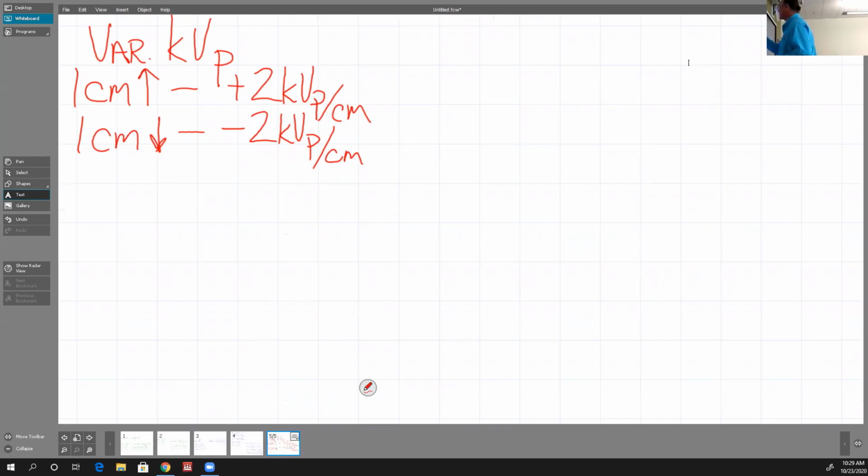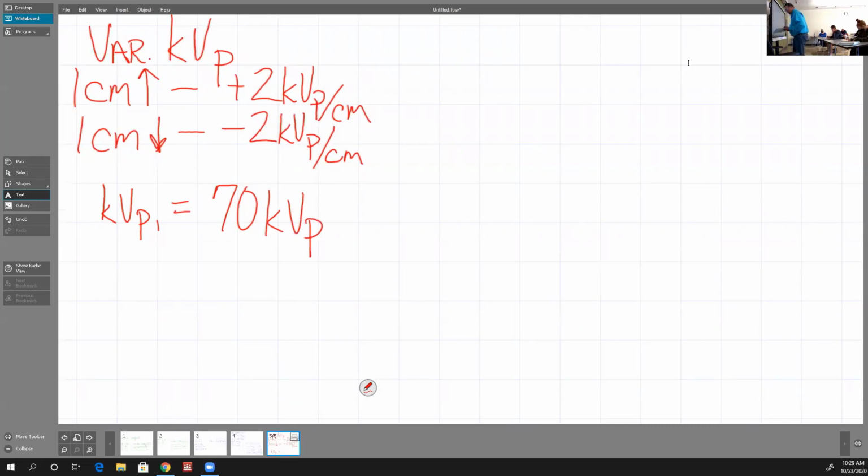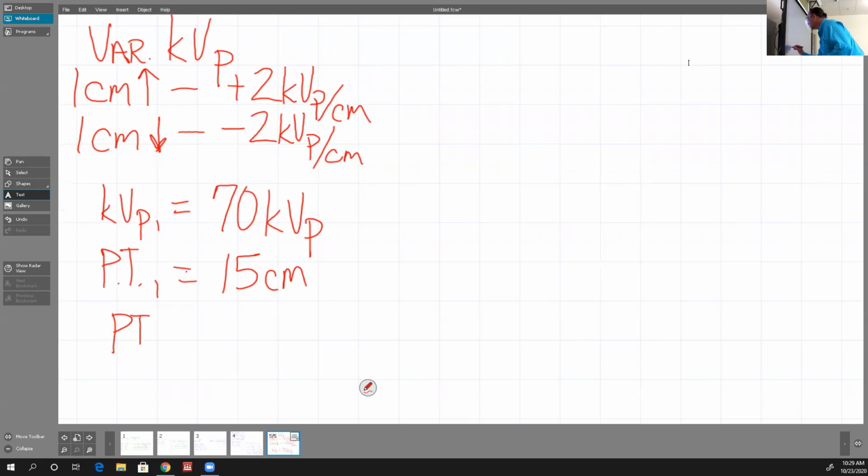So if we have a kVp1 of 70, and part thickness 1 is 15 centimeters, and part thickness 2 is 18 centimeters.